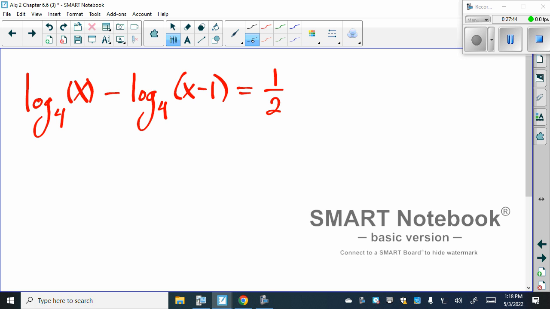So when we divide or subtract two logs with the same base, we can rewrite it as a single log where what's inside the logarithm is being divided.